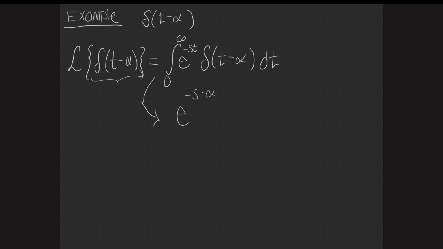So when we multiply some function with the Dirac delta function, it ends up just being the function evaluated at wherever that spike is. And that's why we're left with e to the negative s times a.